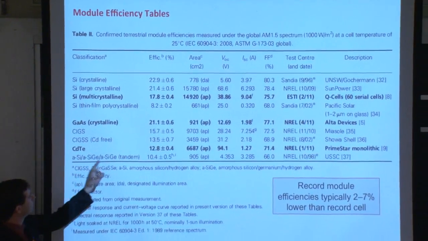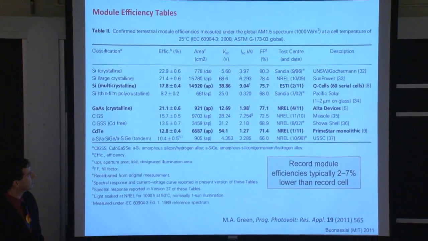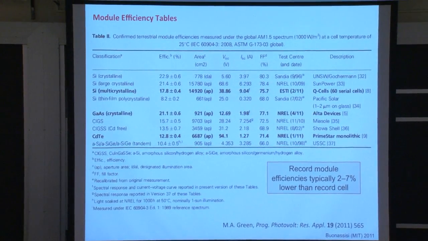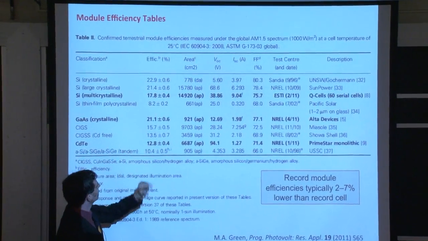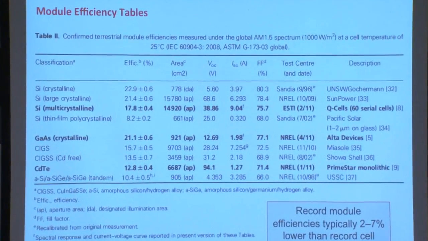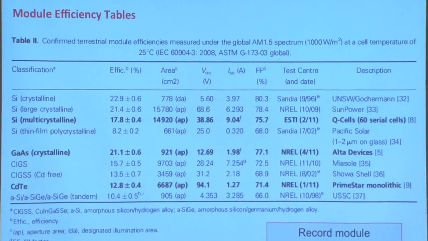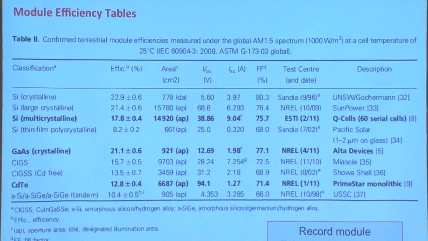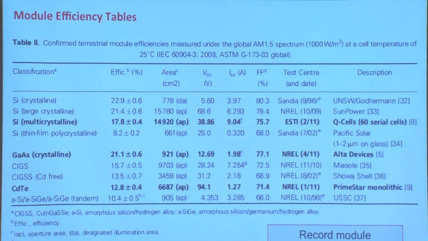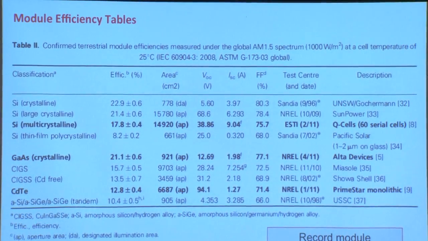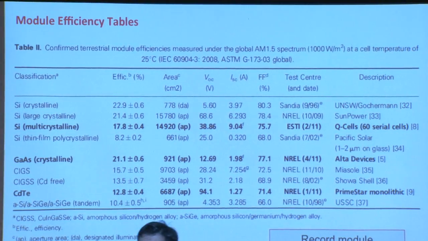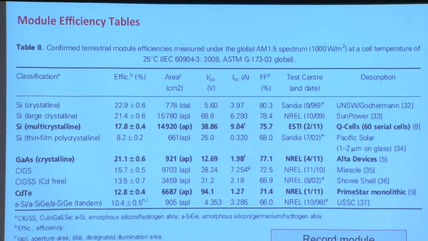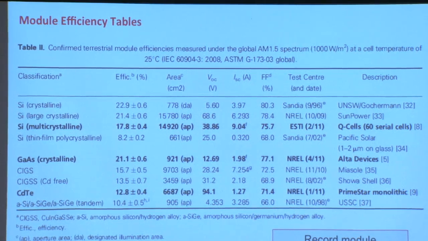So now the gallium arsenide module efficiency record is 21.1%. Crystalline silicon has dropped from 25 to 23, and so forth. And this is fairly typical, that record module efficiencies are on the order of 2 to 7% lower than record efficiency cells. Can anybody guess why that might be?